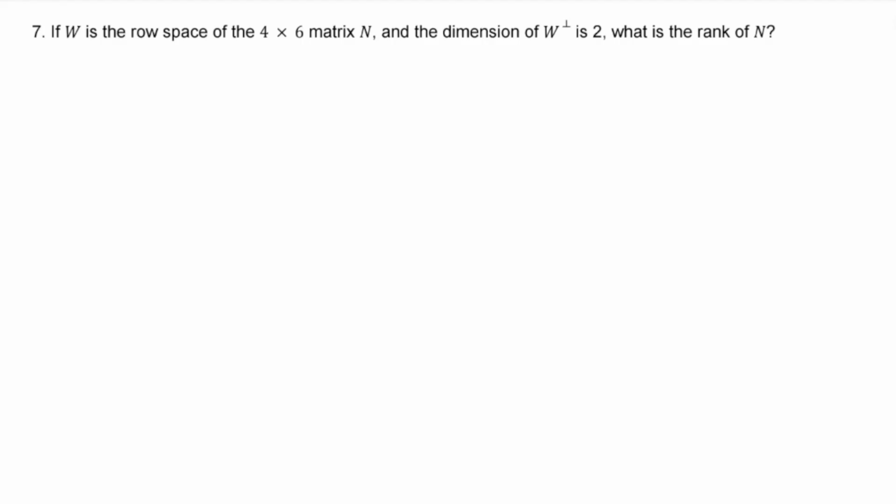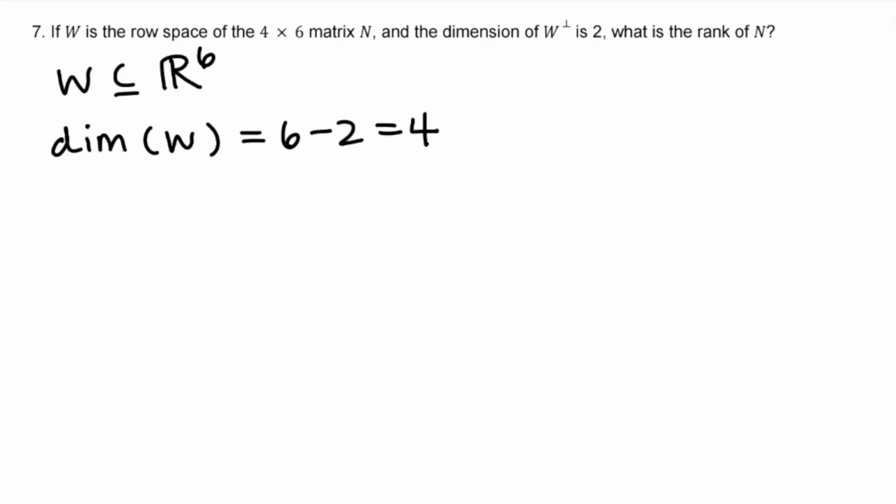And I know that because that 4x6 means there are 6 columns, meaning the rows are 6 entries long. And so I'm going to start off thinking, okay, W is a subspace of R6. And the dimension of W perp is 2. That means the dimension of W is 4.